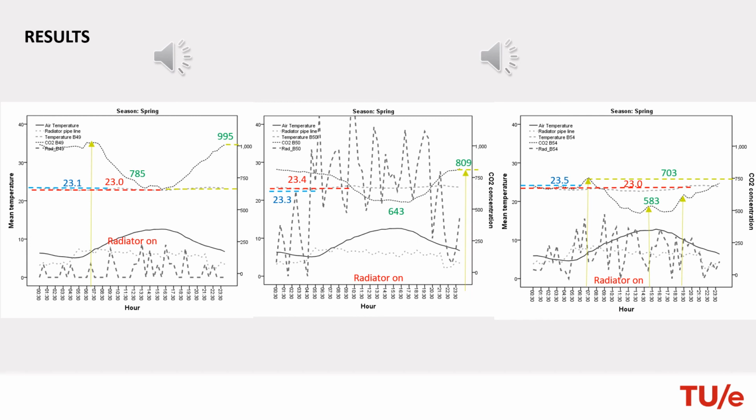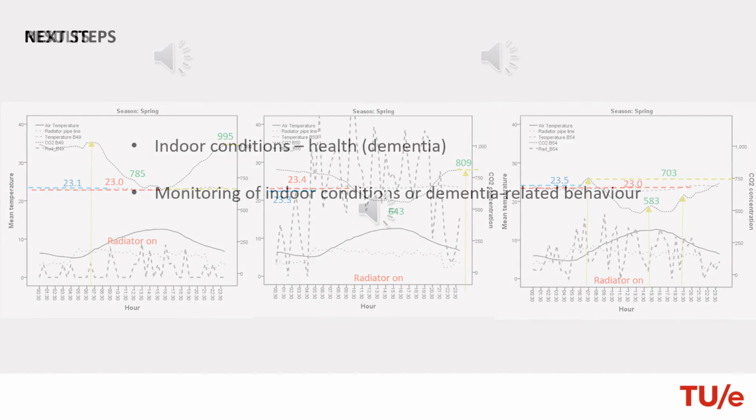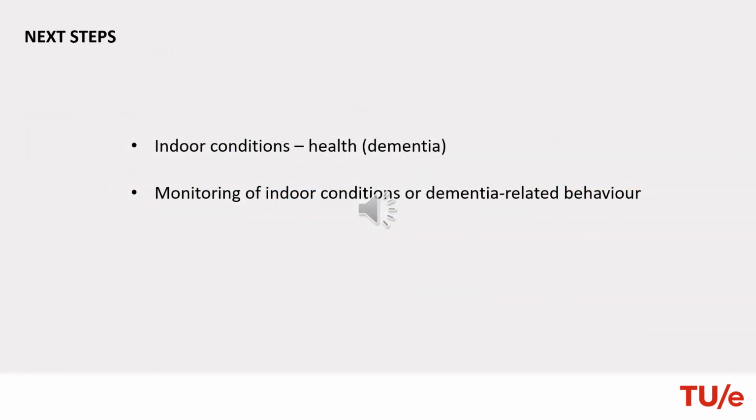However, that might be true for the healthy residents living in the building, but not for the people living with dementia, because they cannot always express their comfort. So the next step in this research is to know the relationship between the indoor conditions in the buildings and the actual health of people with dementia, and how high or low temperatures affect their behavior.